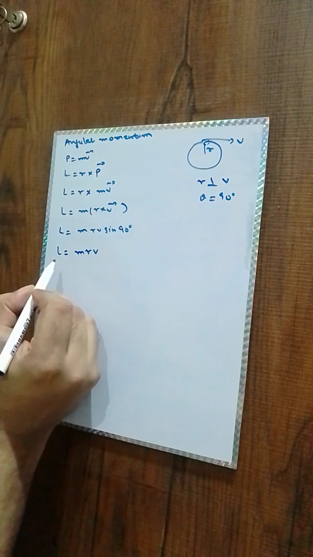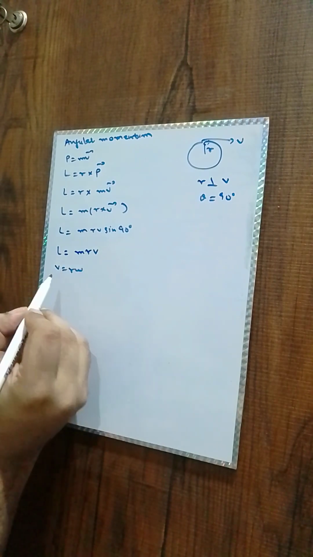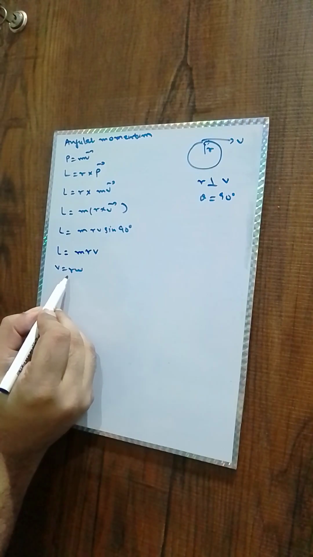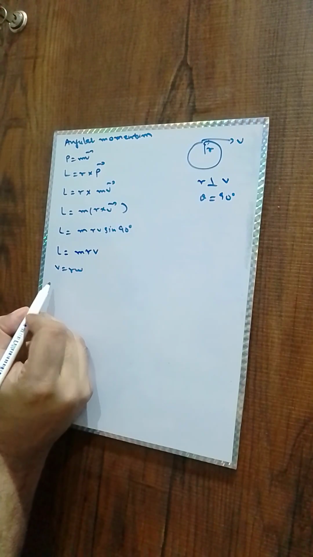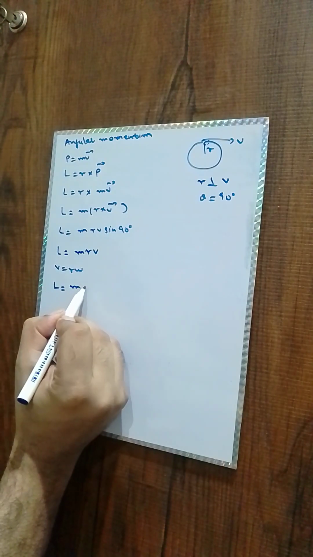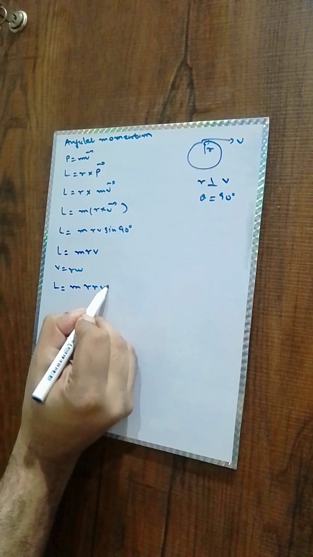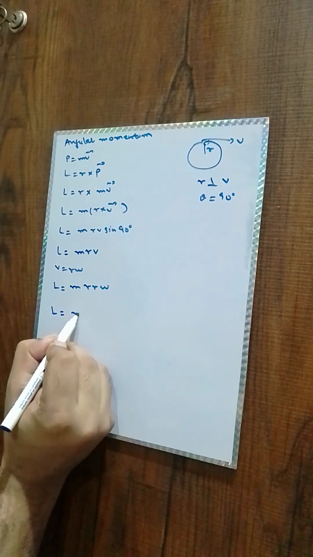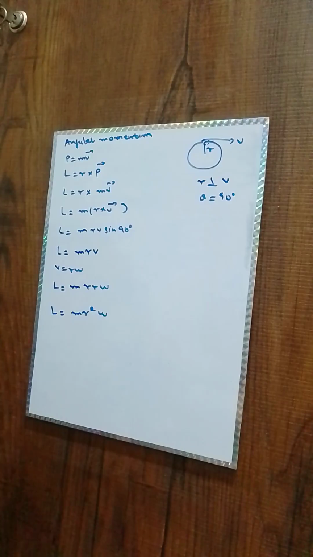Now v is equal to r omega, linear and angular velocity correlated with the radius. So L becomes angular momentum m r omega, L becomes m r square omega. This is an interesting form here.